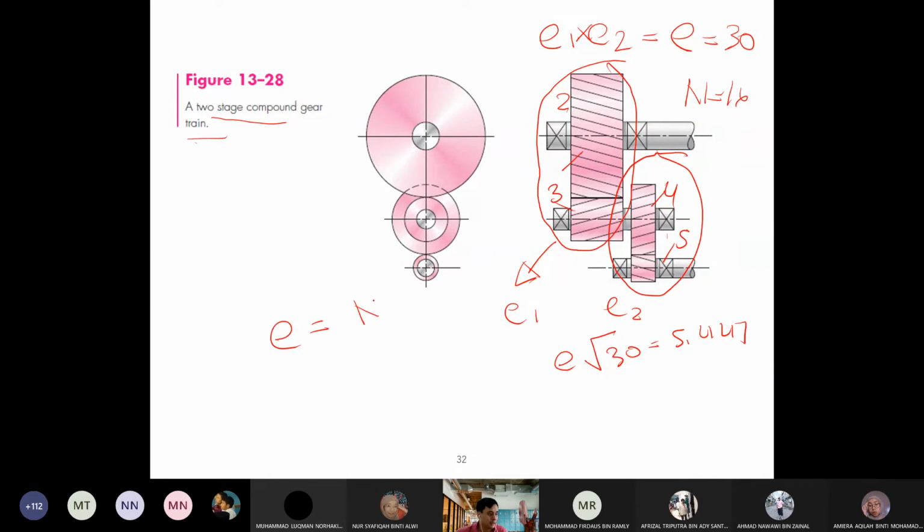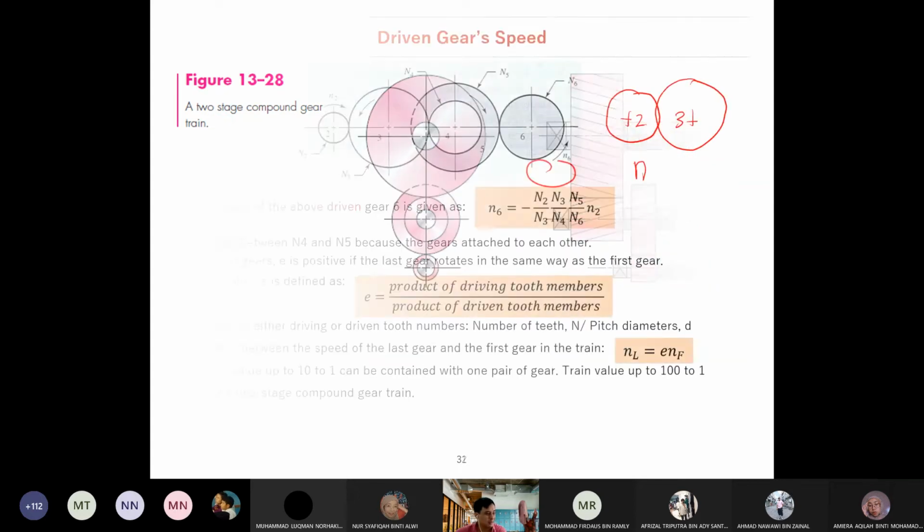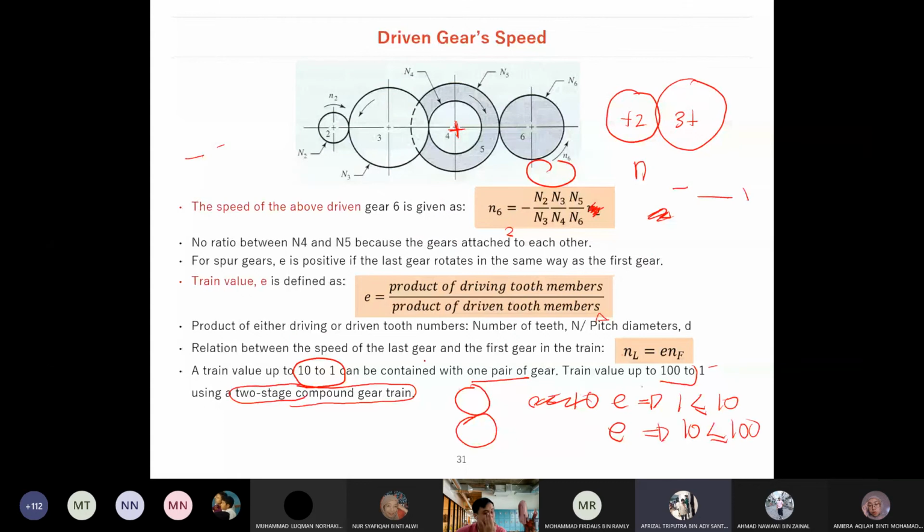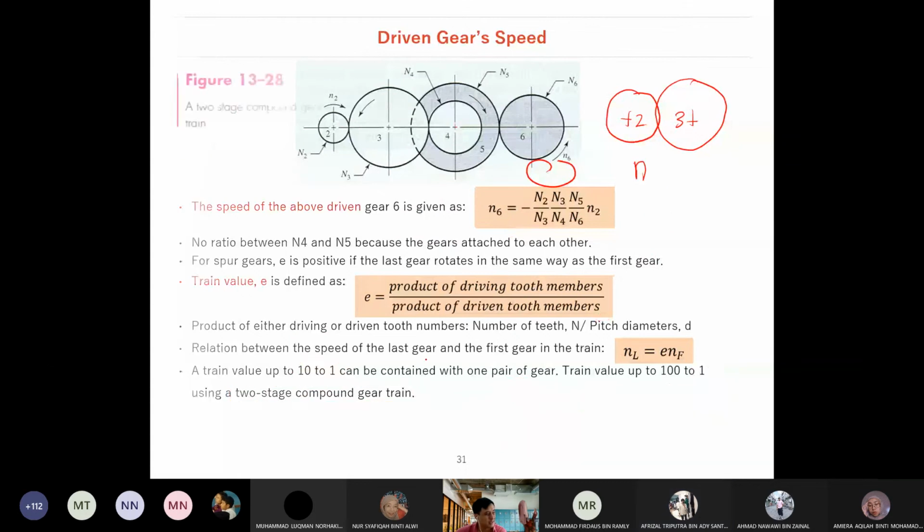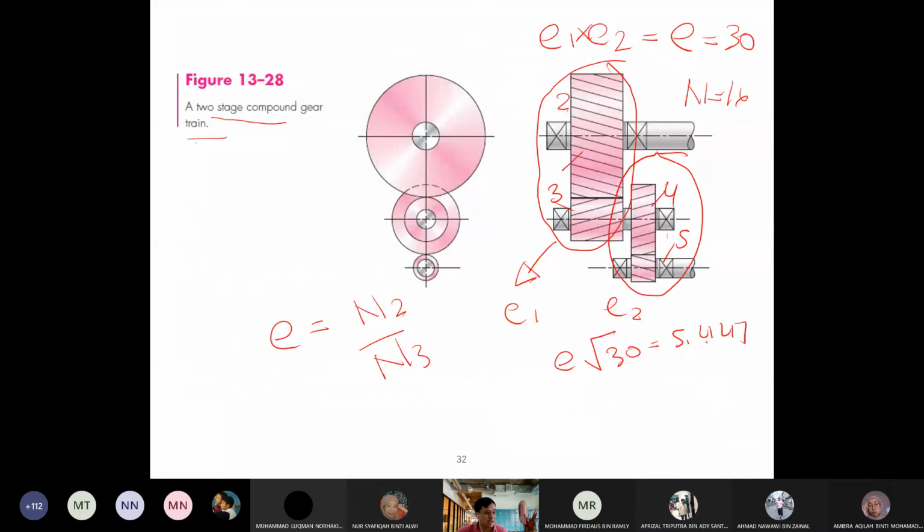So N2 bagi dengan N3 kan? Betul tak? E tu. Okay, driving tu bagi driven. Okay, betul dah? So masuk je lah 5.447 tadi darab dengan berapa?